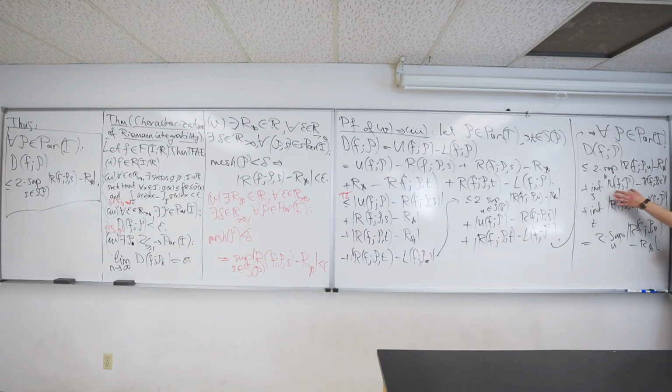So this U is the sup of all of these as S varies. OK? And so if I were to look at the distance between U for the same partition and some Riemann sum with the same partition, by changing the sampling function, I can make this difference arbitrarily small. In other words, this inf is 0.